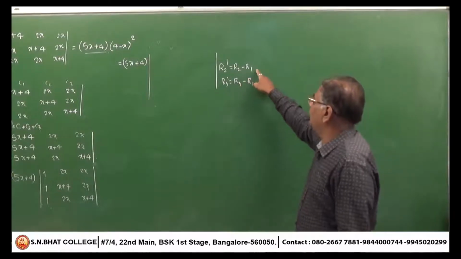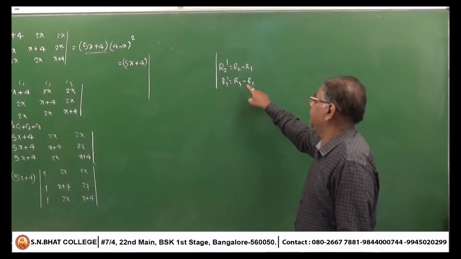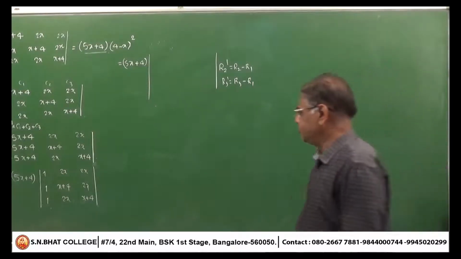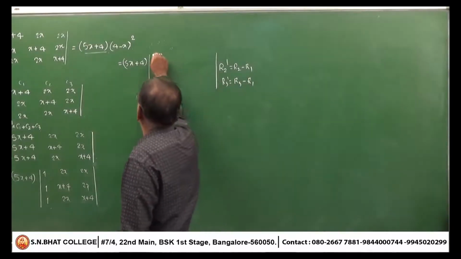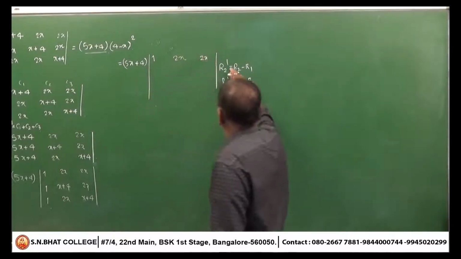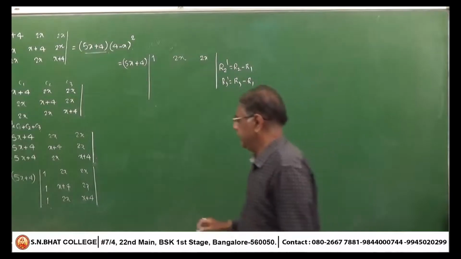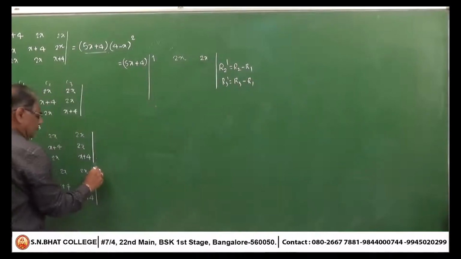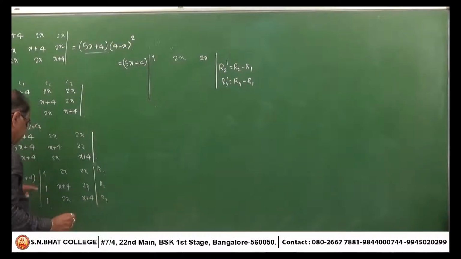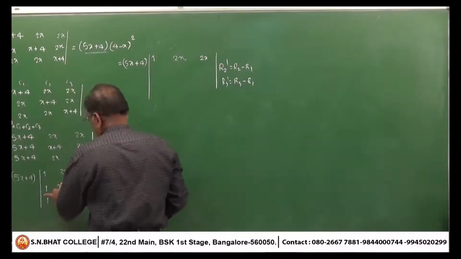If you subtract R2 from R1, you have to subtract R3 from R1 only, not R2. Write the first row as it is: 1, 2x. I am changing only R2 and R3. This is R1, R2, R3. This minus this.